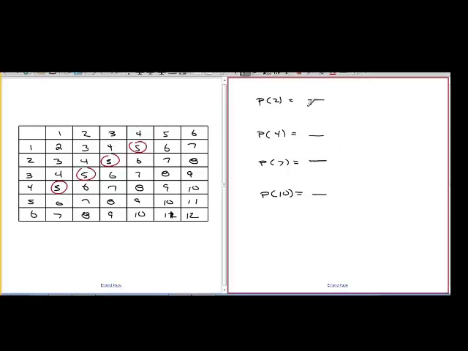To do that, we just count how many occurrences of each one there are by going to the table. If we look at 2, there's 1. If we look at 4, there are 3 4s. If we do 7, there's 1, 2, 3, 4, 5, 6. So there's 6 number 7s, and there are 3 number 10s. Those are the probabilities of each one.